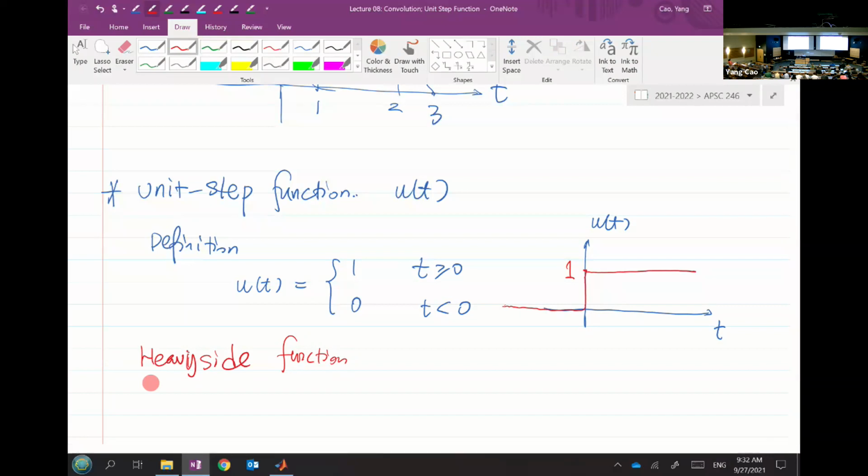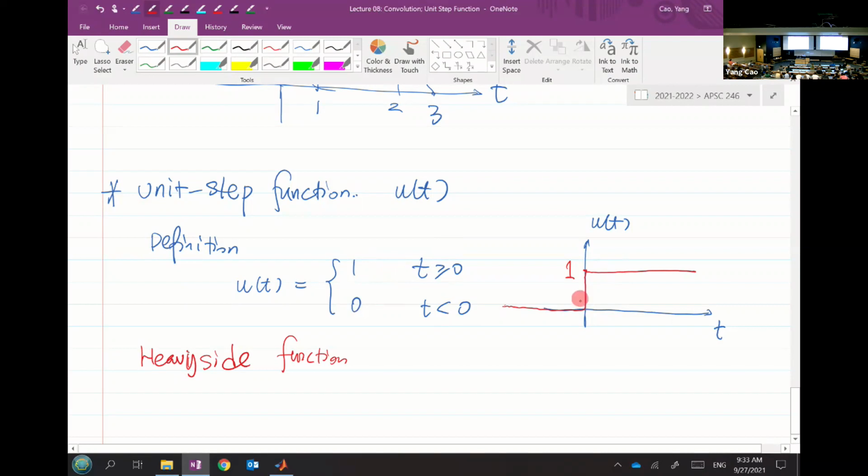It's named after a mathematician with the last name Heaviside. Now, if you look at different textbooks, I don't want to confuse you too much. Some books don't define the value at t equal to 0. For example here, I said when t is equal to 0, the value is 1. But in some other textbooks, they don't define that. They just say when t is greater than 0 it's 1, and when t is less than 0 it's 0. So t equal to 0 is not defined.